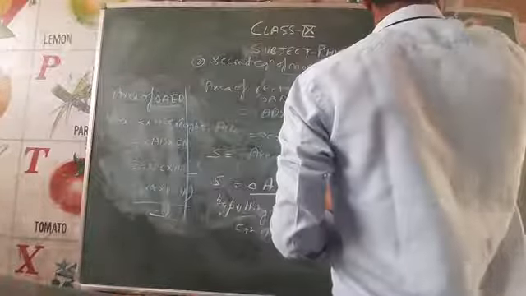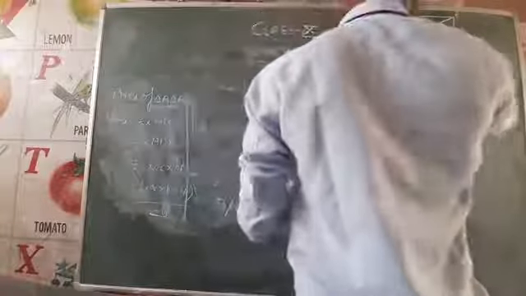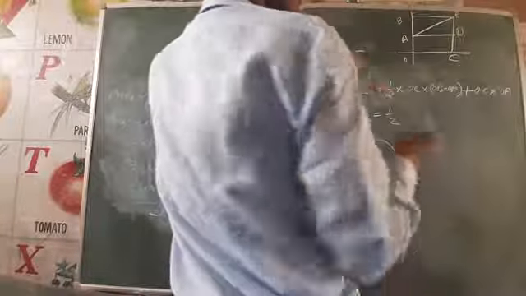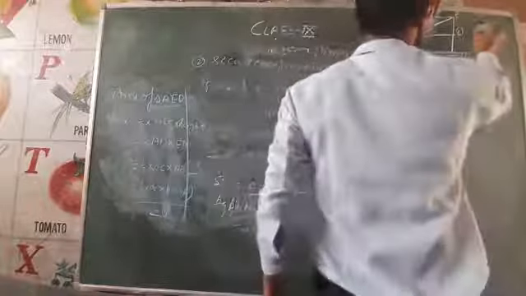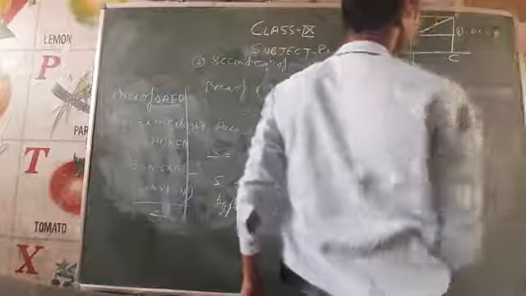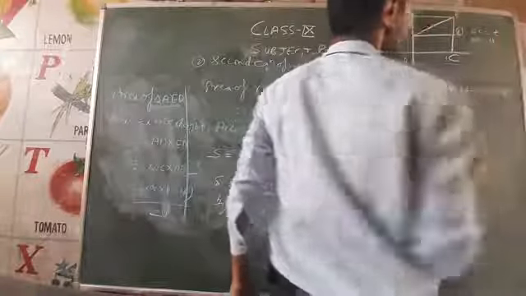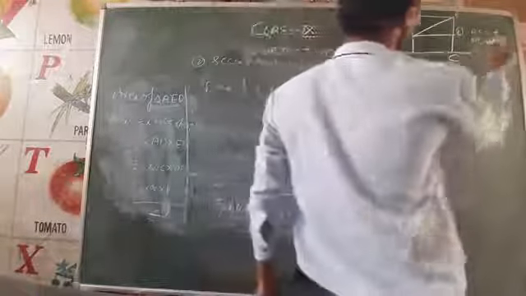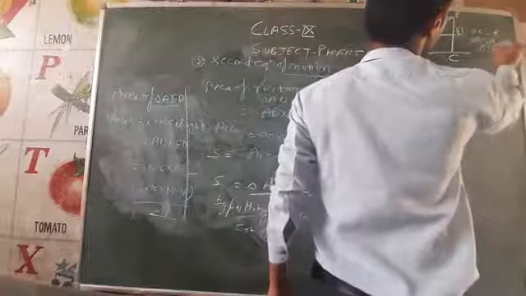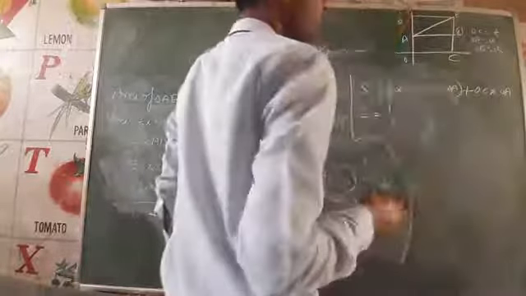This is triangle AED and rectangle OADC. So you can see OC is equal to t, OA is equal to u, and OB is equal to v.